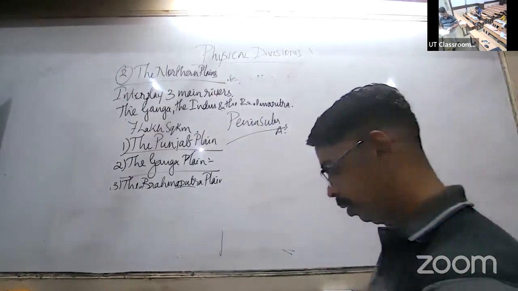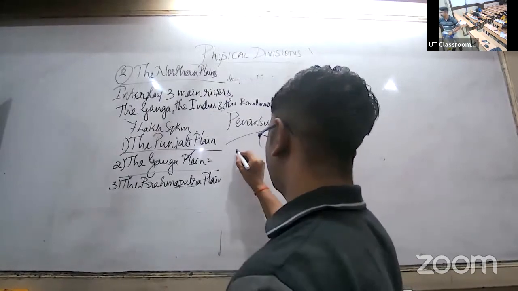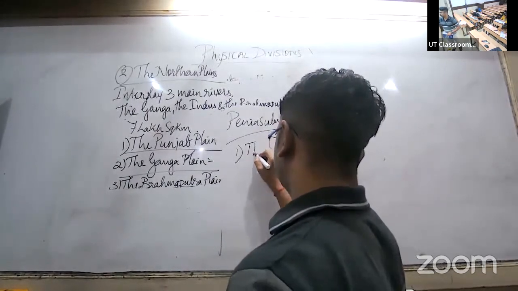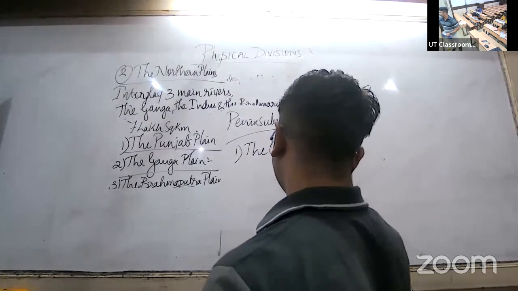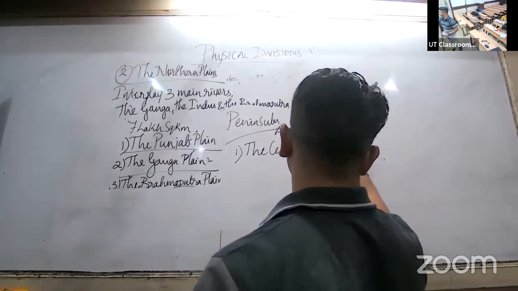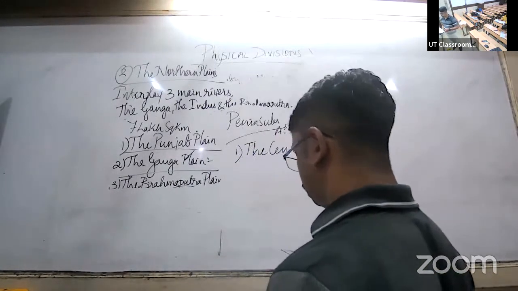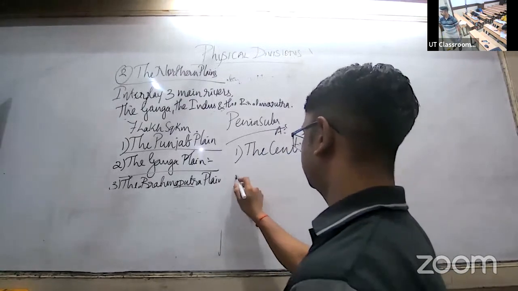Two broad divisions. Number one is the Central Highland, not island. The Central Highland and the Deccan Plateau. Number two is the Deccan Plateau.